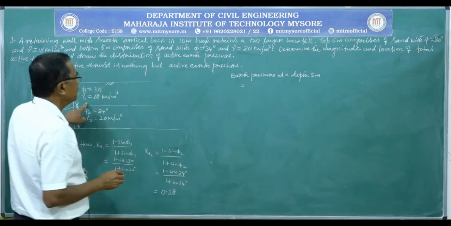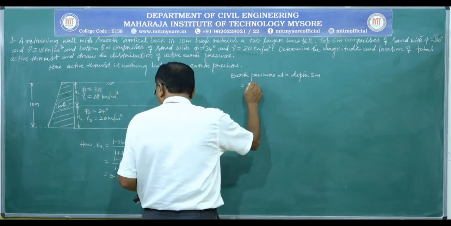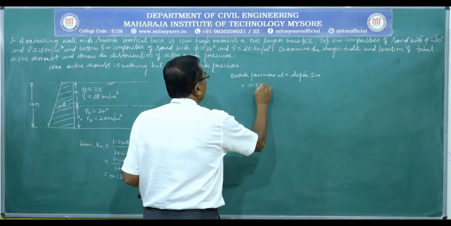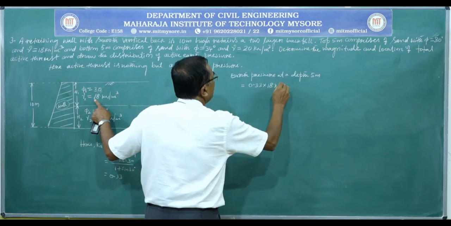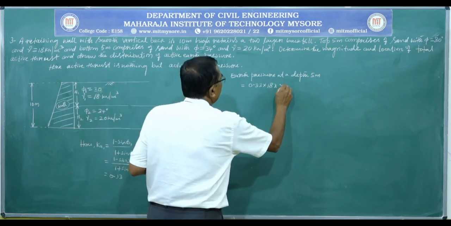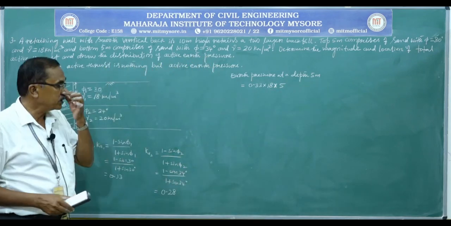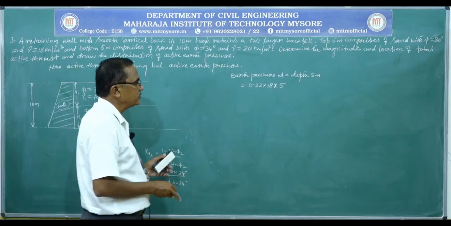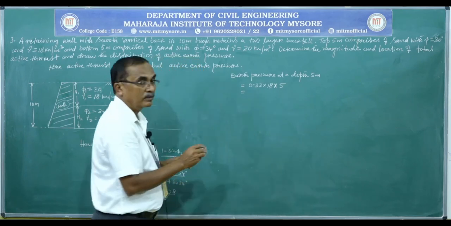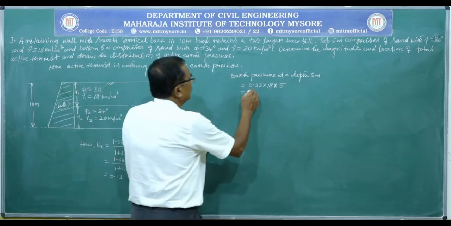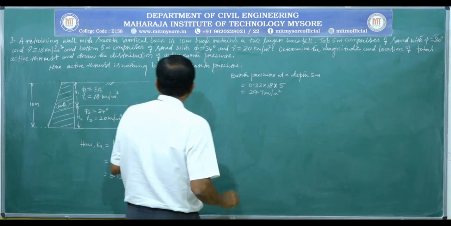Earth pressure at depth 5 meter is equal to Ka1 into gamma 1 into H1. Ka1 we calculated is 0.33 into gamma 1 is 18 into H1 is 5 meter. Directly we can write the numerical values, no need to write Ka1, gamma 1, H1 expressions. That is equal to 29.7 kilonewton per meter square.